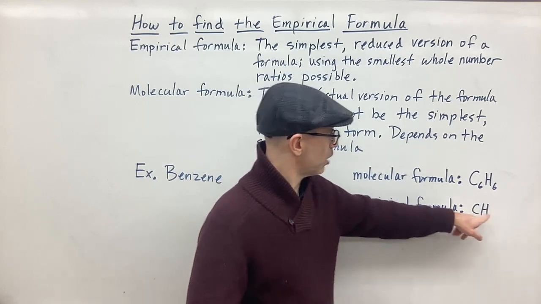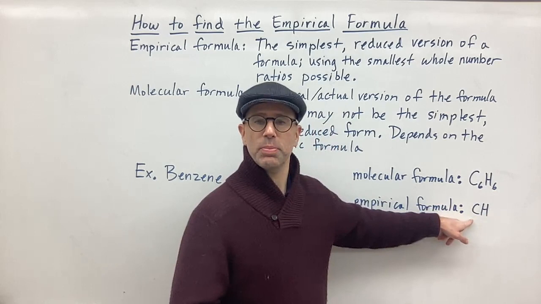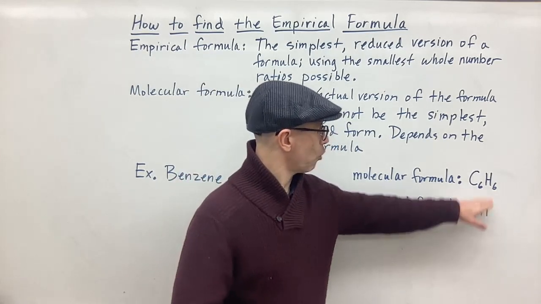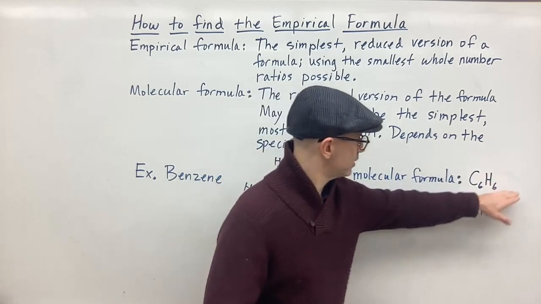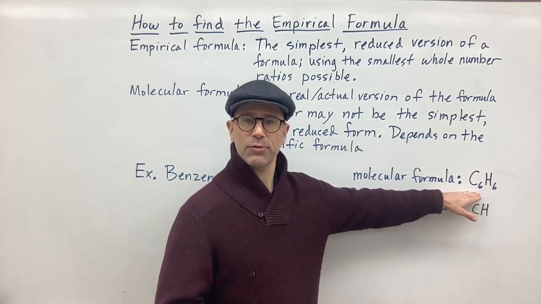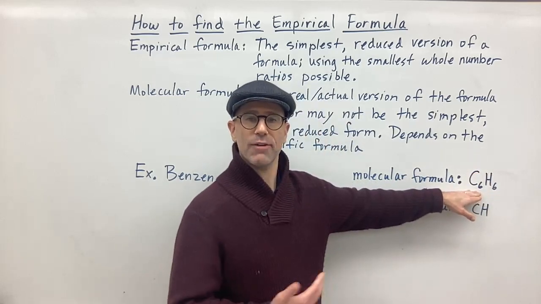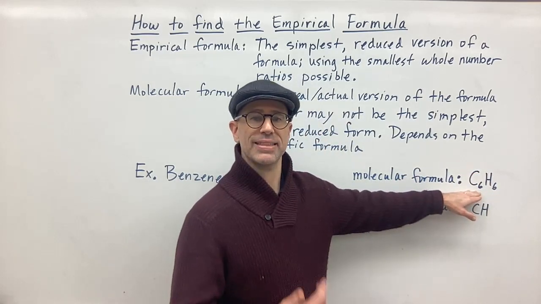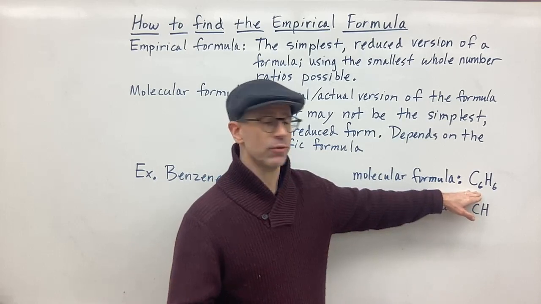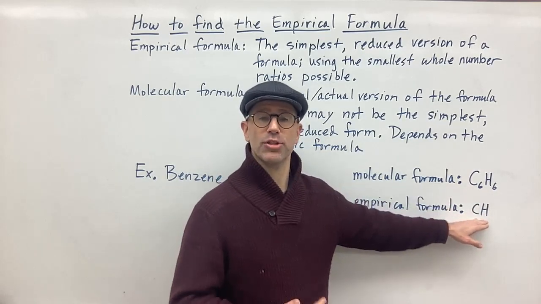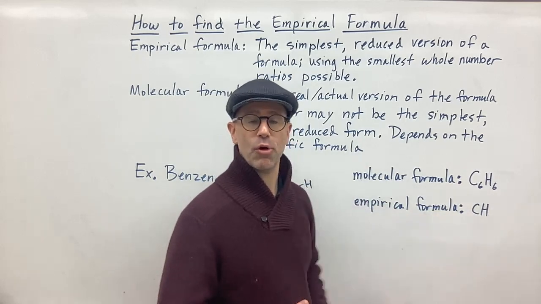So I have 1 carbon, 1 hydrogen. This would be the empirical formula for benzene. The molecular formula shows you exactly how many of each kind of atom exists in the molecule in reality, and this is just the simplified version, which we call the empirical formula.